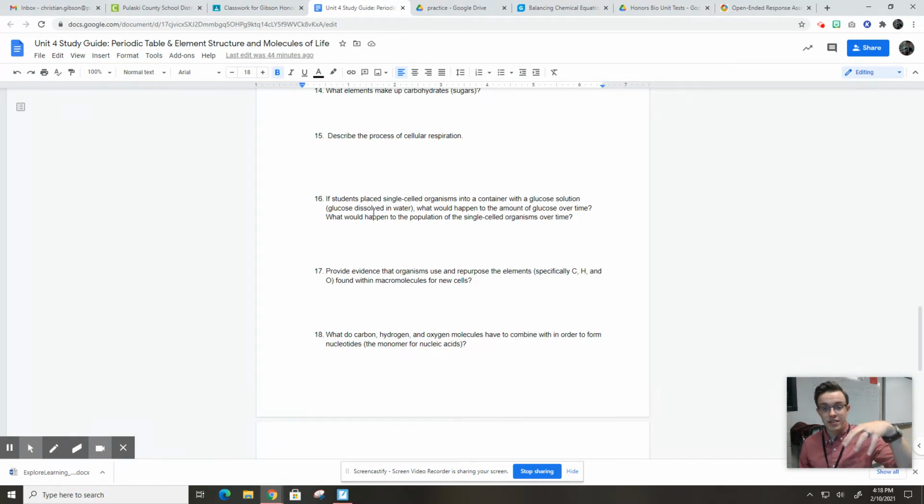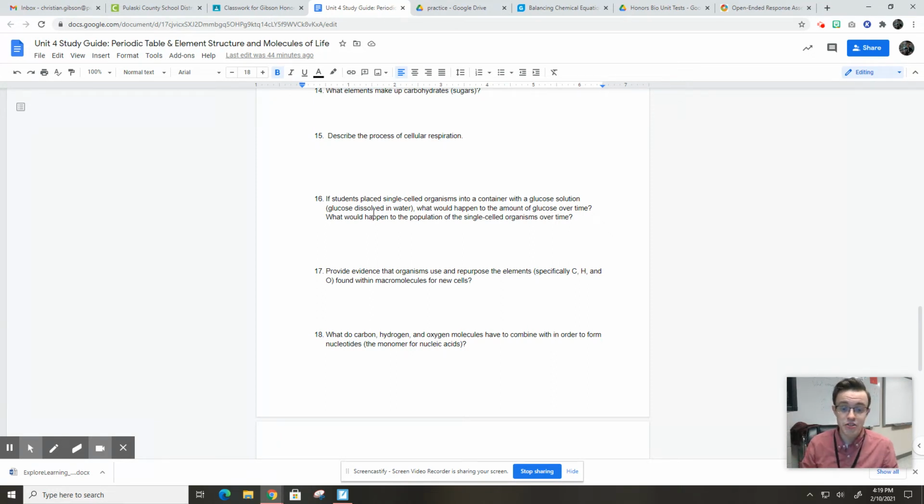So if you were to take these single-celled organisms and put them in a container full of glucose, they're going to use that glucose to make energy. So what's going to happen to the glucose over time? Well, the glucose is going to decrease because it's being used up. You can maybe think of it as being digested. It's being used for cellular respiration by those organisms. So glucose would decrease over time.